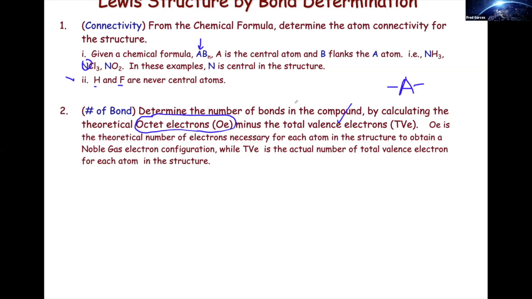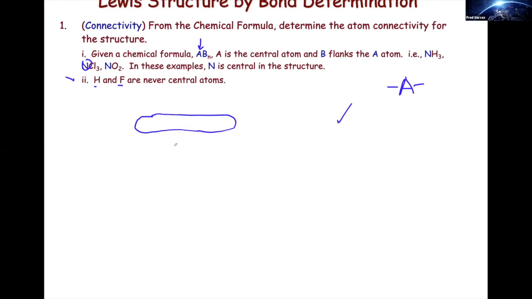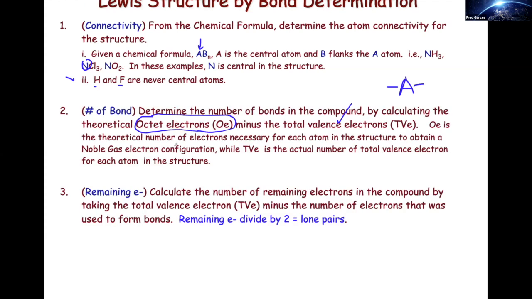That's how you determine the number of bonds. The remaining electrons that aren't committed to bonding are your lone pairs. If you divide the remaining electrons by 2, that is equal to the number of lone pairs. Again, this is a formula that I have for you to work out. It's not difficult if you practice it.